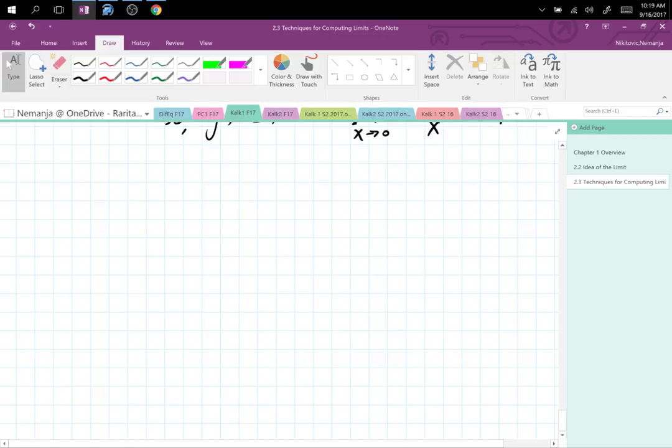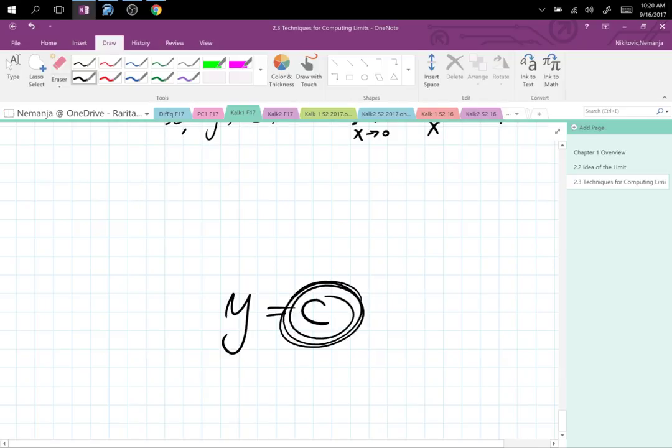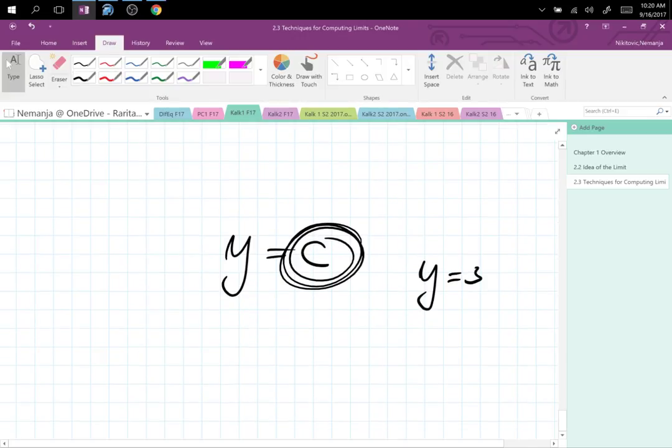The limit is the y value of the function. The function y equals any number always has that number as the answer. Let's say y equals 3. Y equals 3 is the function that goes through 3.